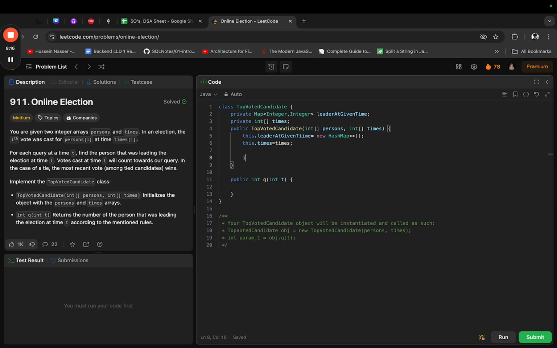At a particular time, to determine who cast more votes, we have to declare a variable.